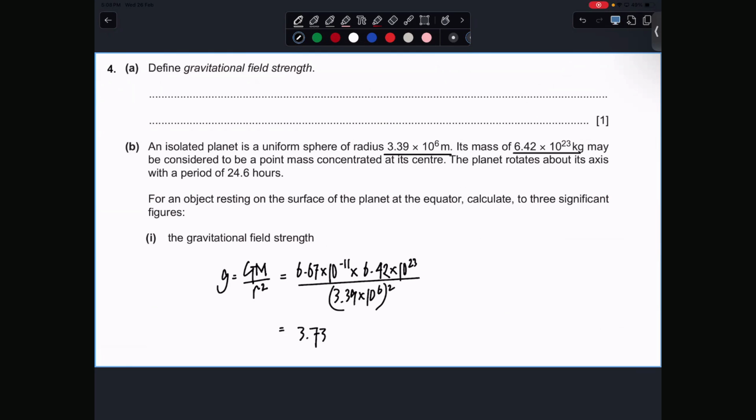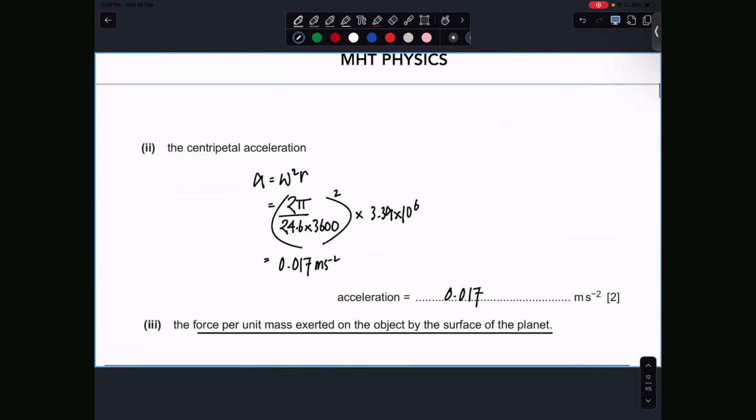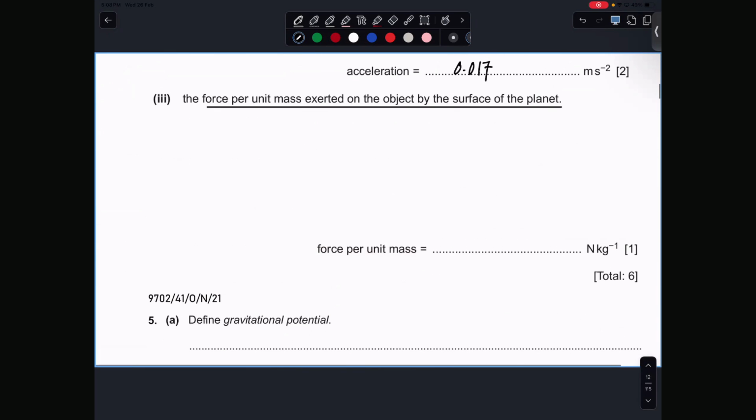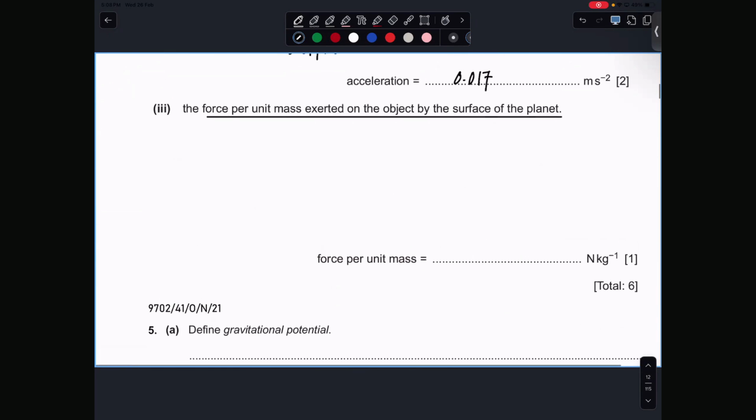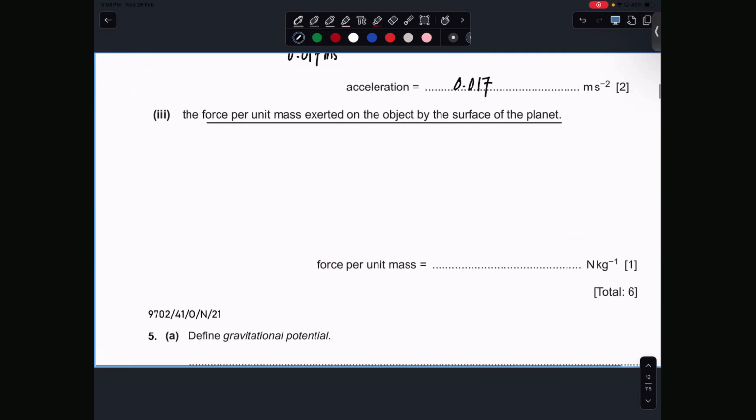Wait, 3.71. No, it says weight per unit mass. Let's try to figure out this. It's one mark. It shouldn't be complicated.